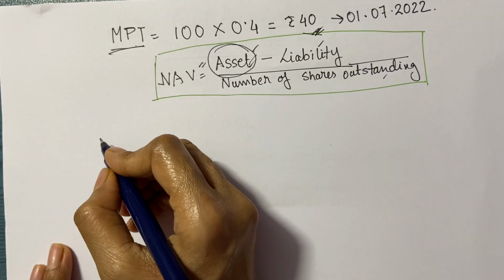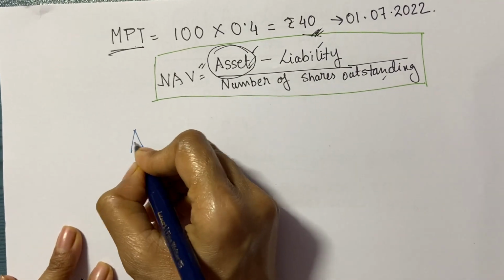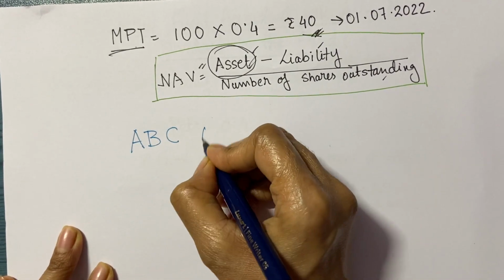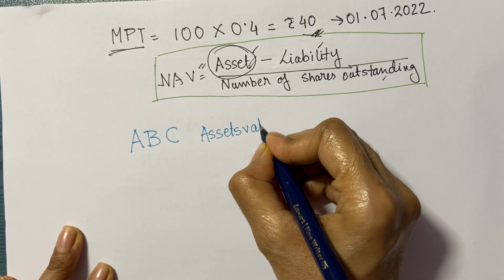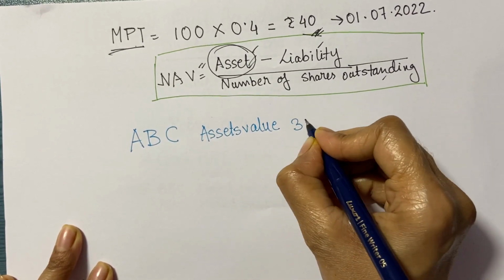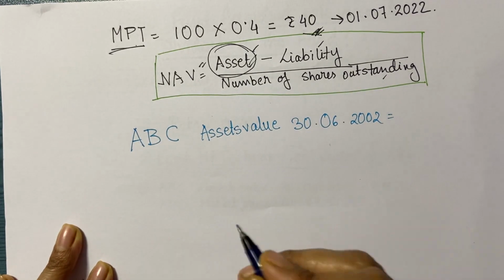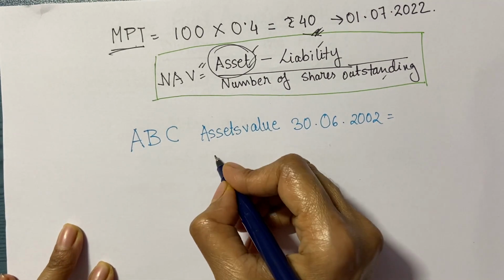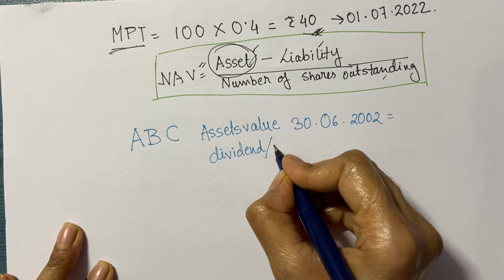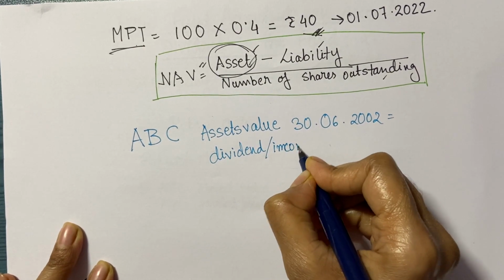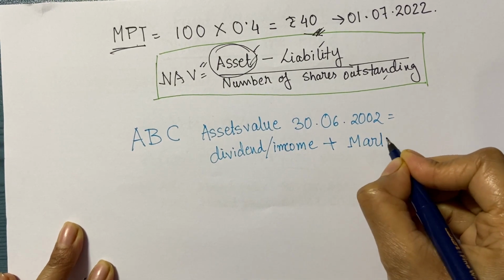So what will happen? Now let's calculate the ABC asset value on 30 June 2022. What are the components which are going to impact my asset value? That will be the dividend or the income plus market value, right?